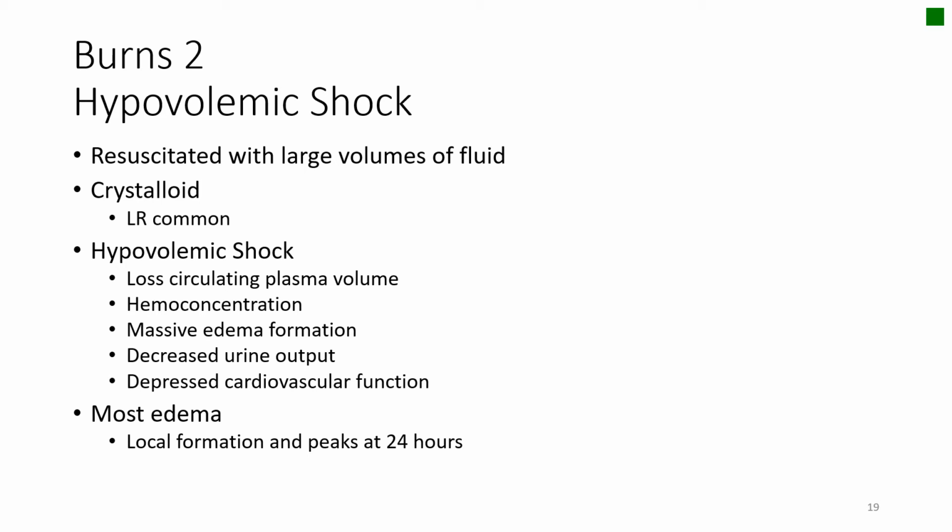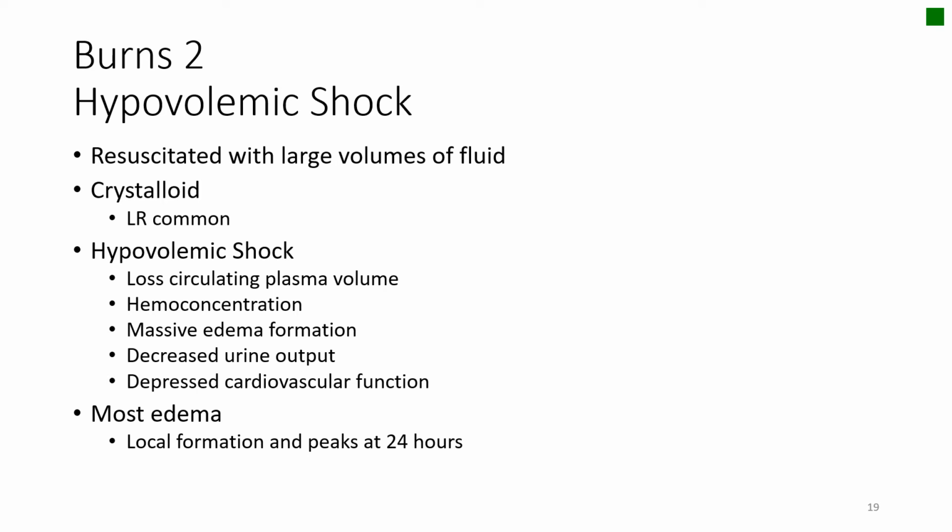After the airway has been secured and you've treated your other life-threatening injuries, the patient requires resuscitation with large volumes of fluid. They basically have loss of circulating volume, and so burns result in a form of hypovolemic shock.